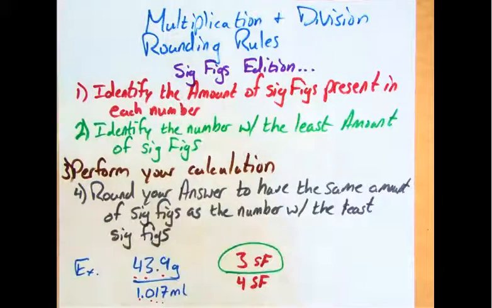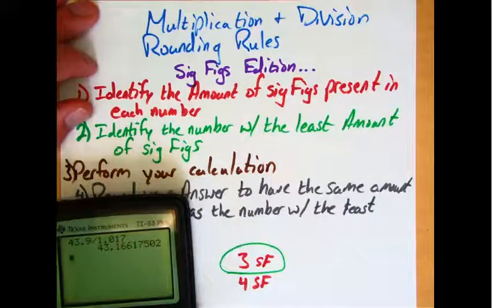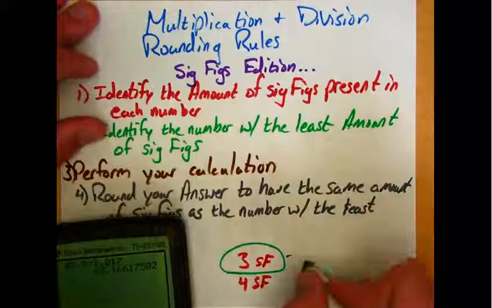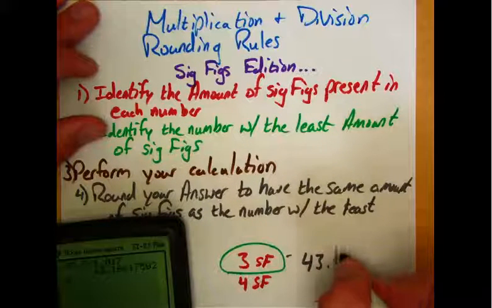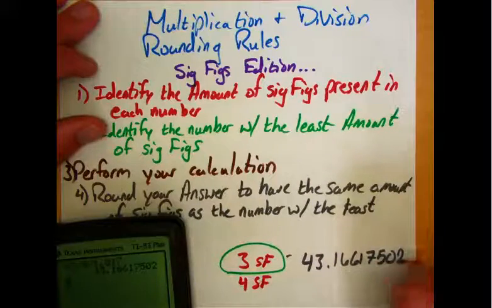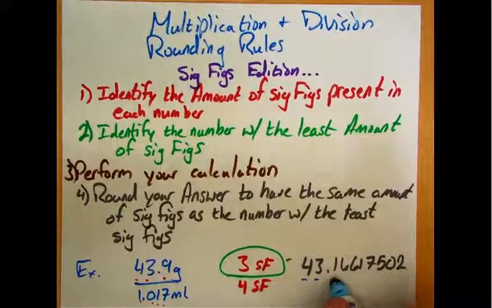So that means of all these big, huge numbers that we see right here, we're only going to write down enough to give us 3 sig figs, which is 43, and I'm just going to write the whole number out so that we can all see it easier, 43.17502. Now I need to round it so that we only have 3 sig figs. So I'm going to count my first 3 from left to right. I have 1, 2, 3.